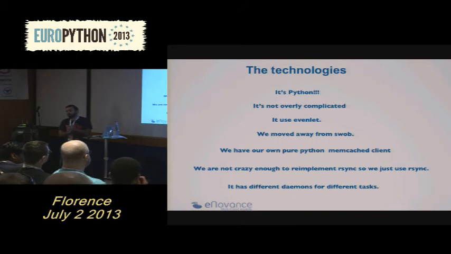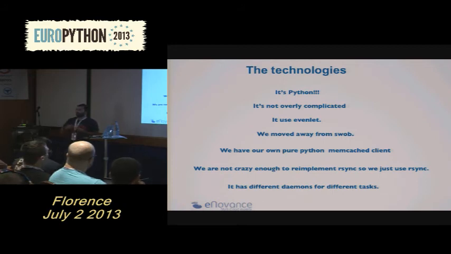The reason is, I'm not going to explain how Eventlet works, but Eventlet does monkey patching on most of the code, like on the socket calls, so it can do asynchronous operations. But Python Memcache by default is a C library, and you can't do monkey patching on a C library, so we had to write our own in pure Python.